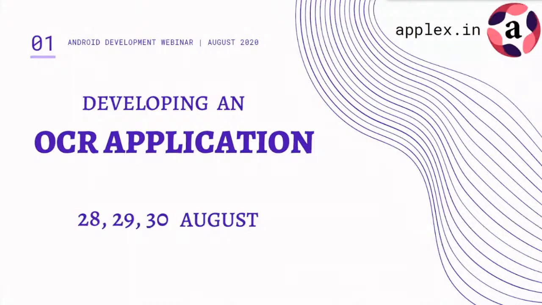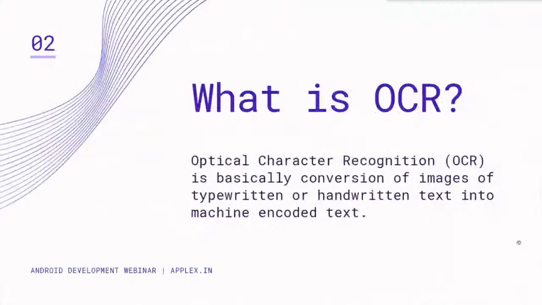So yes, OCR, as we all know, is the acronym for optical character recognition. It's basically the conversion of text-containing images to machine-encoded text, or in simple words, text documents.